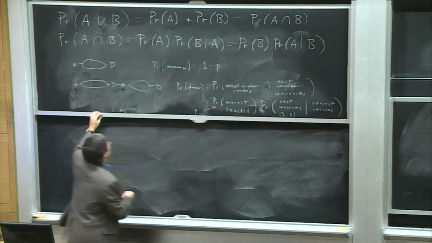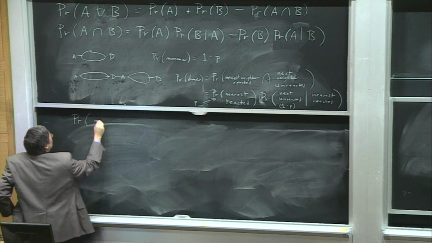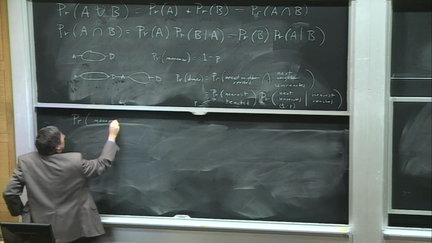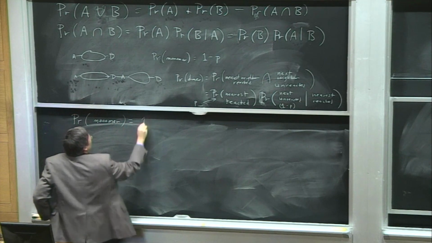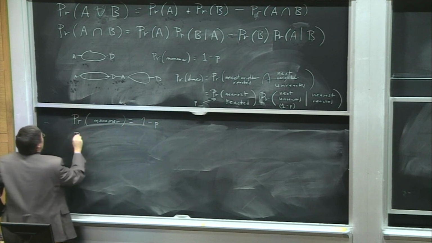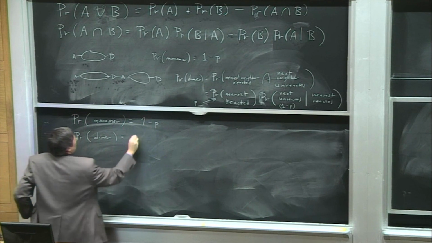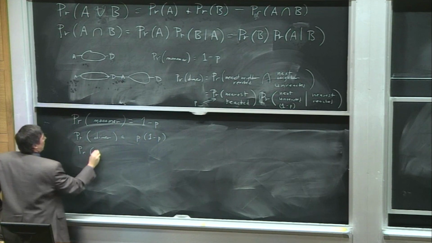So I can write down that the probability of being a monomer is equal to 1 minus P. The probability of being a dimer is equal to P times 1 minus P. What's the probability of being a trimer?